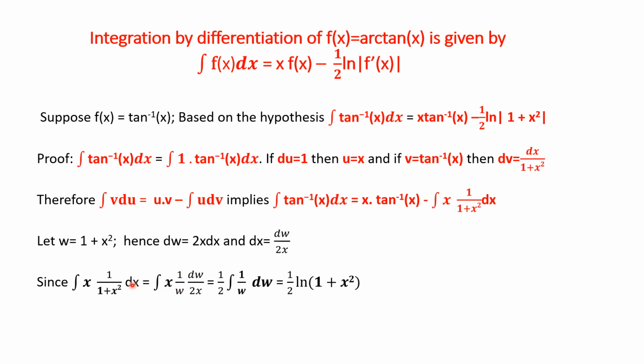And instead of dx we replace it by dw divided by 2x. So we have dw divided by 2x. Now the x will cancel the x. We have 1/2, we'll take it outside, and then we'll be left with the integration of 1 divided by w dw. And this is going to be equal to half of ln of 1 plus x squared.